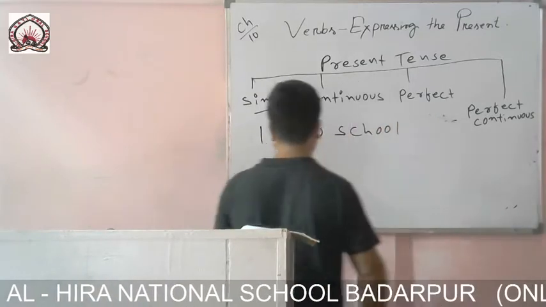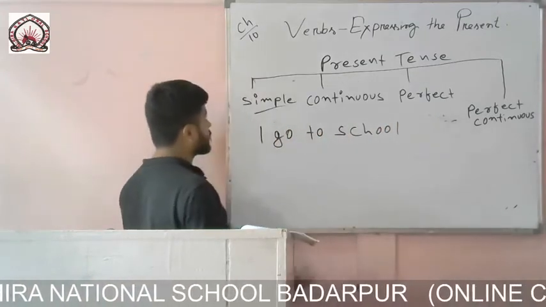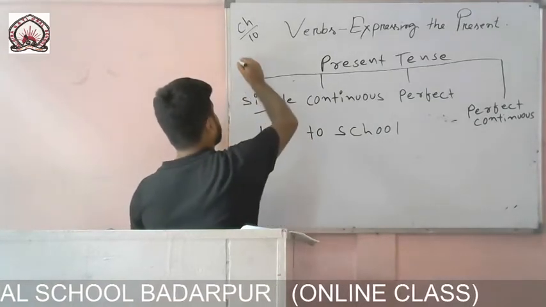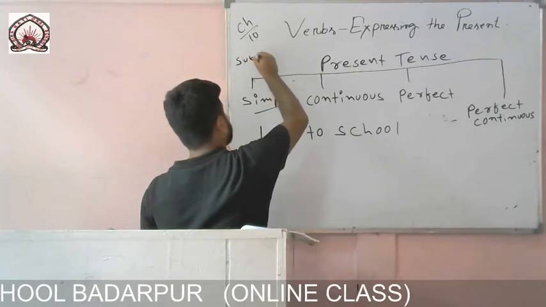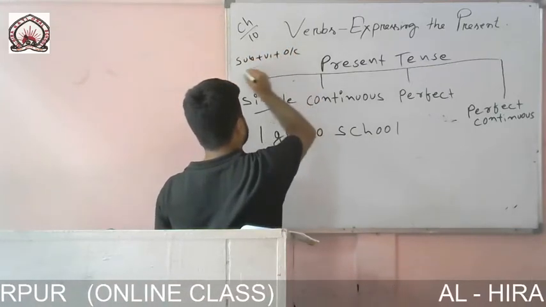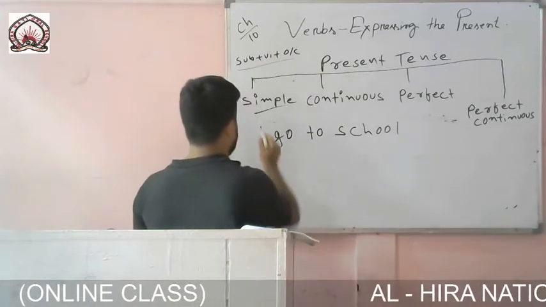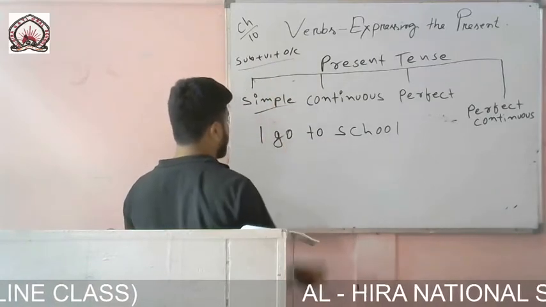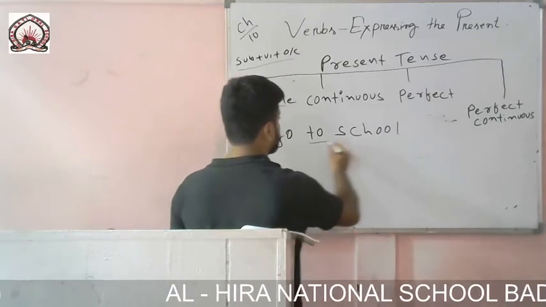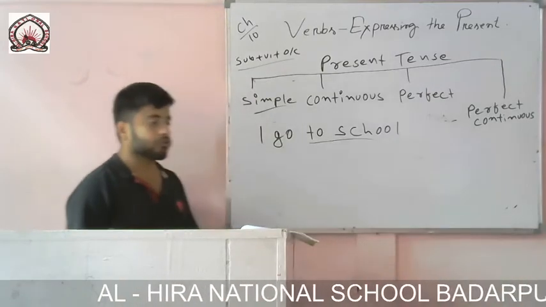I go to school. And we know the formation. The formation of present indefinite is subject plus verb 1 plus object or complement. I is the subject. Go is verb 1, the first form of the verb. Then to school is the complement. So, I go to school.